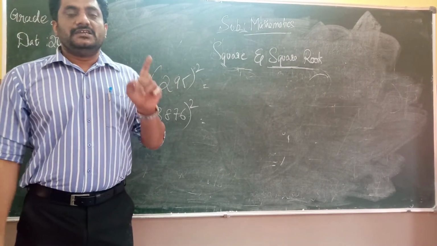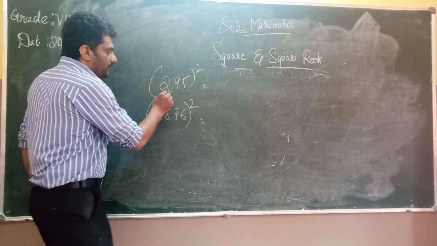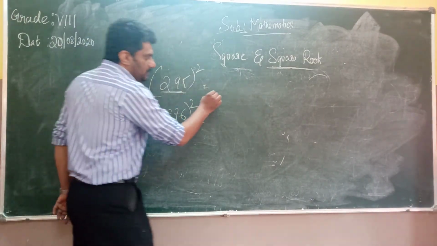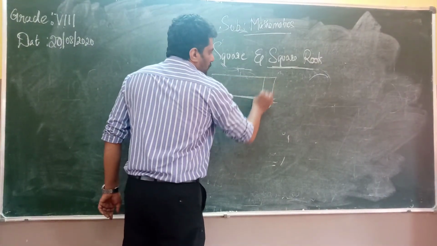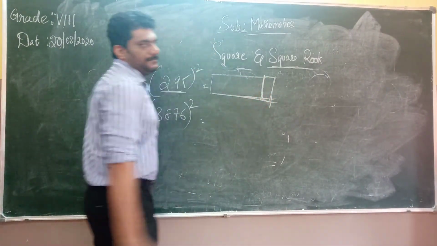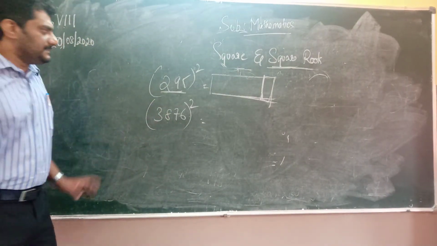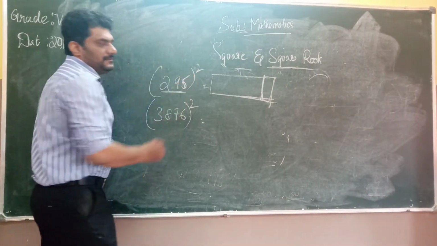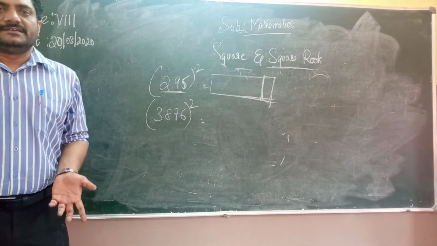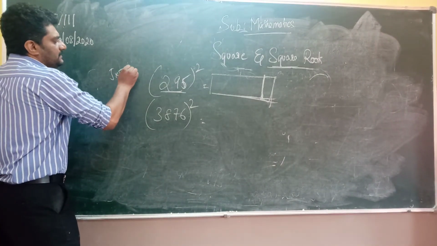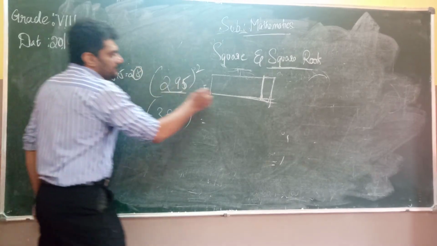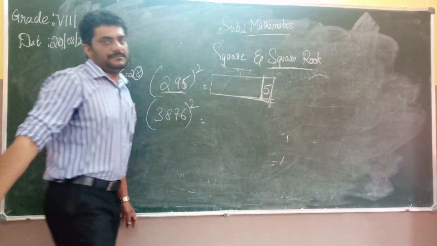That means when you do a squaring of this number, you will get an answer here, right? In this answer, what is the unit digit? Okay? To find this, just take the last number and square it. What is the last number here? 5. 5 into 5 is 25. So this will be the unit digit.